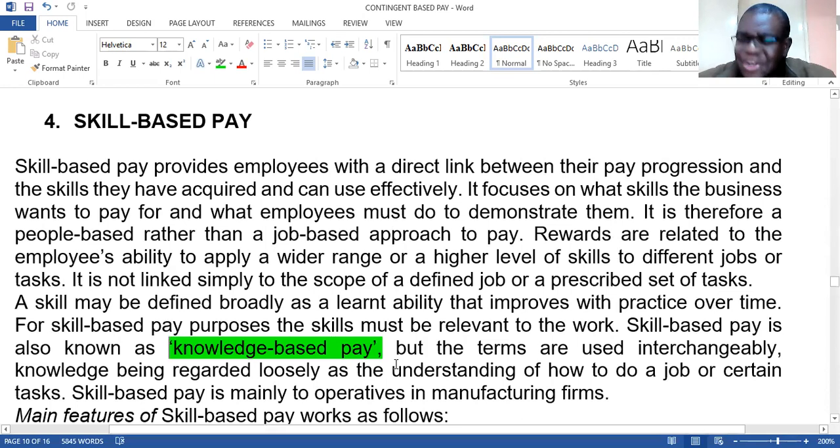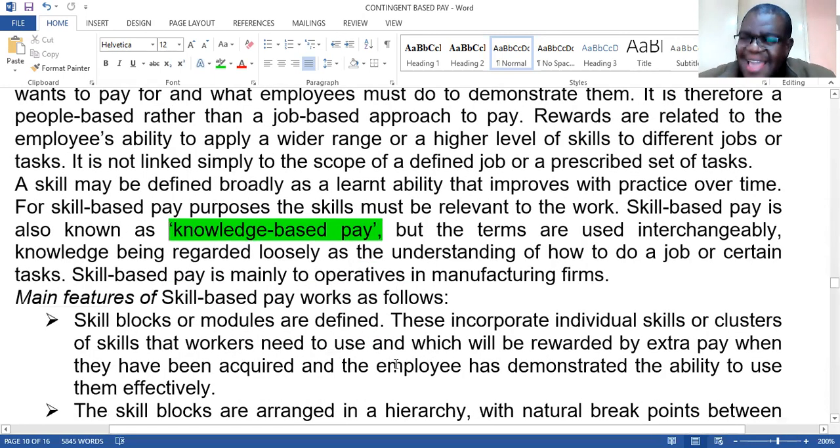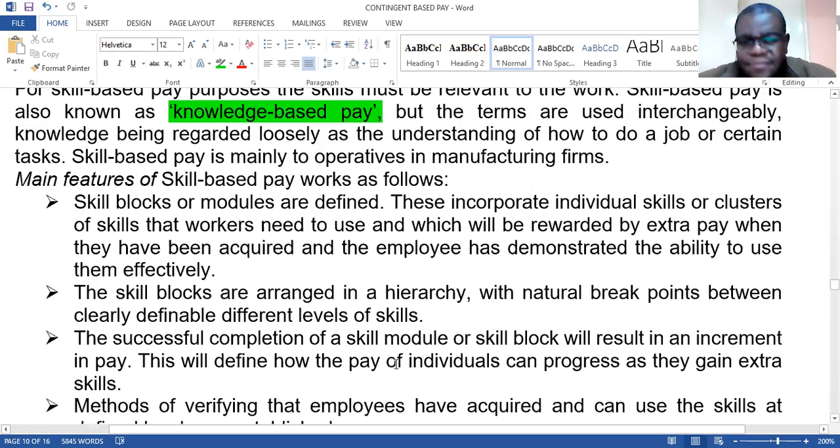We say it is knowledge-based, so that the higher the skills that the individual possesses, the better they will be rewarded. How much you are paid varies, changes, improves based on the skills and competence that you possess.